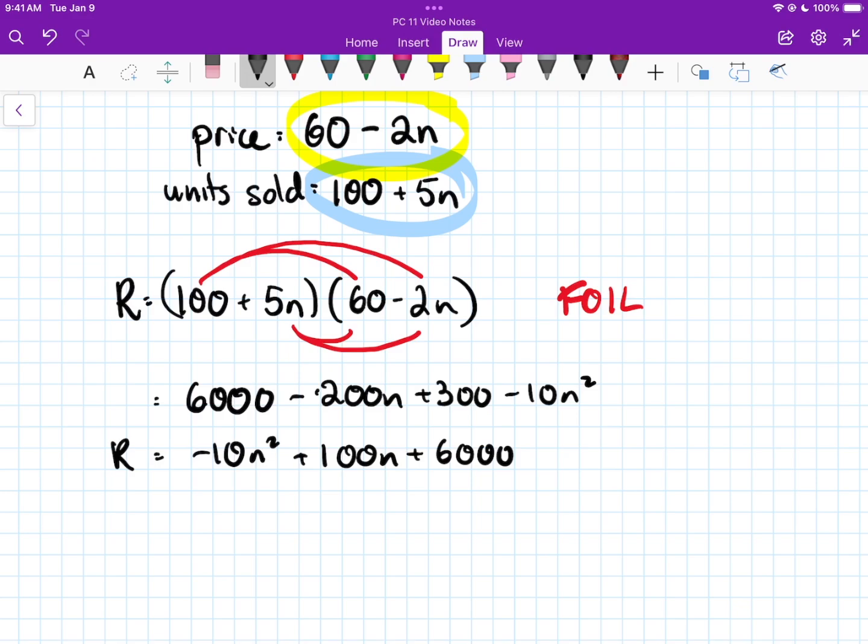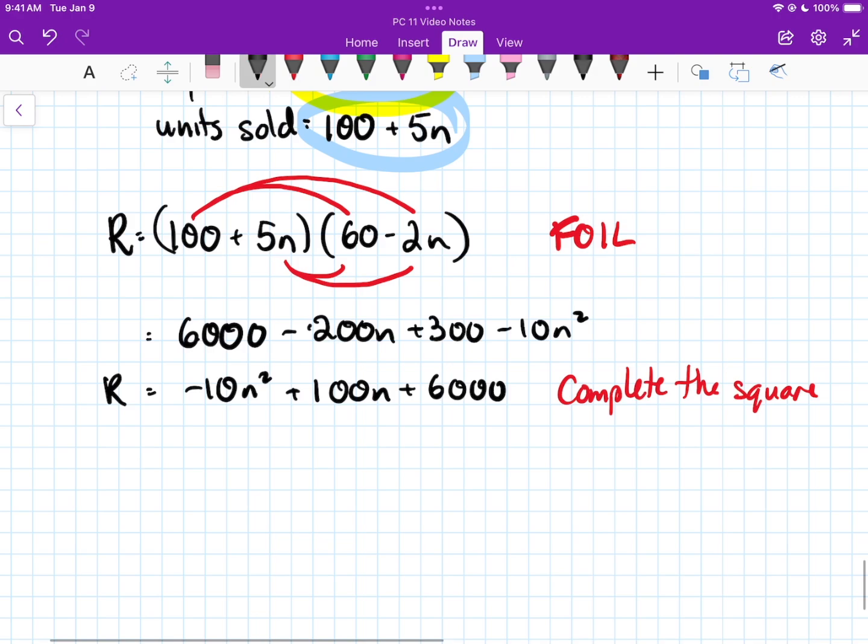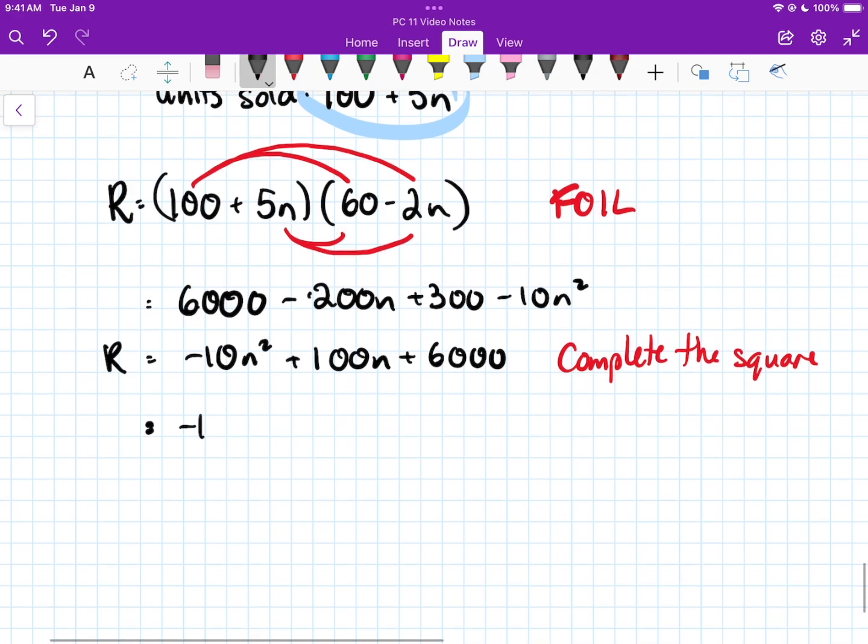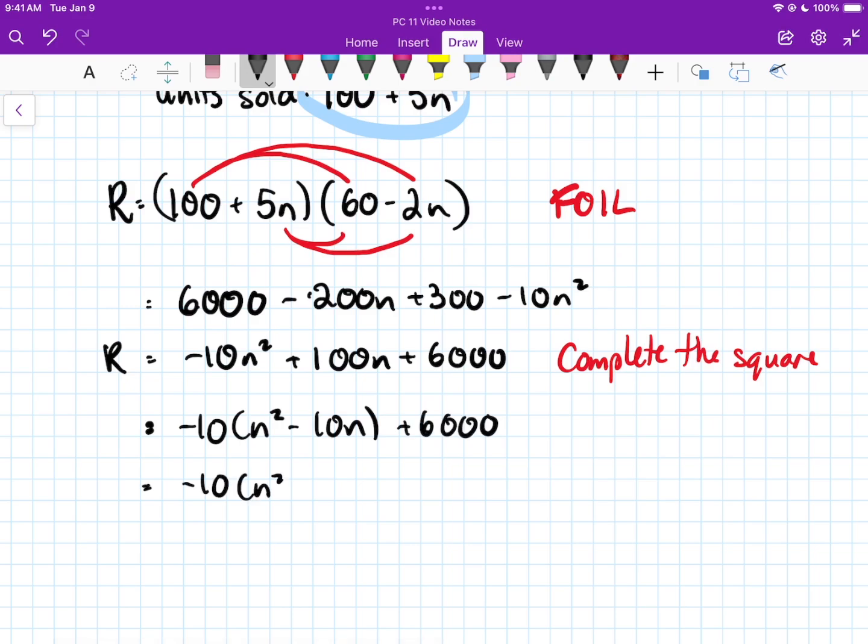So once again, we're trying to maximize this, which means we need to complete the square, because we need to know where that vertex is. So going through that real quick, we take out the a value. We divide by 2 and square. And add and subtract. It's going to get me 25.